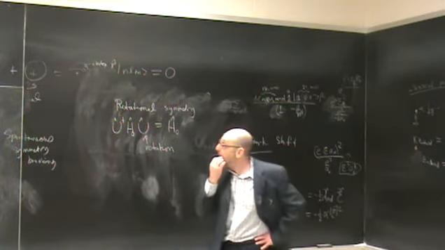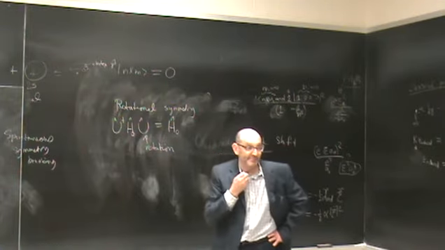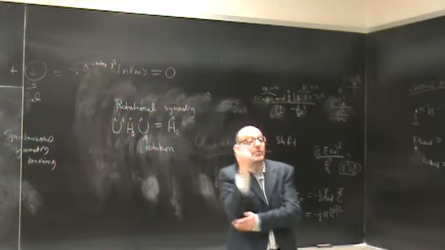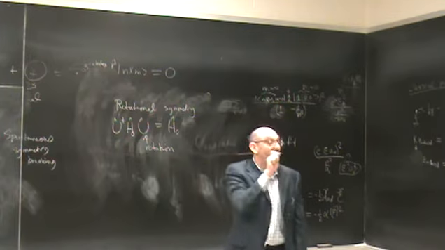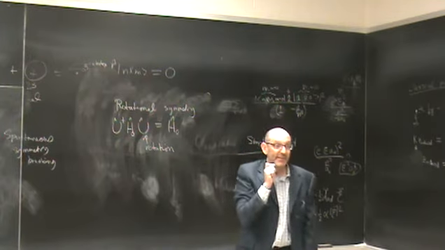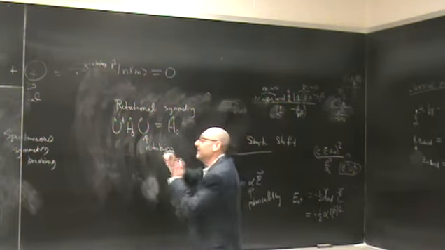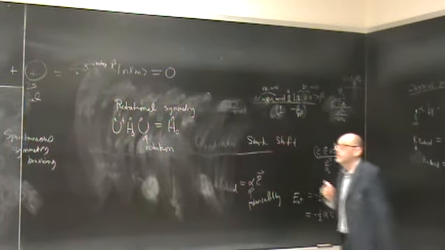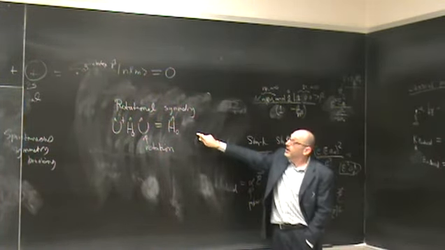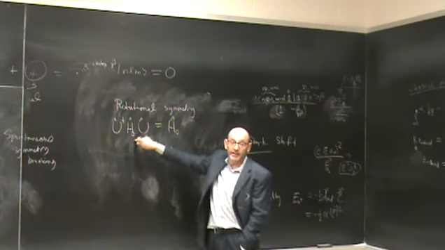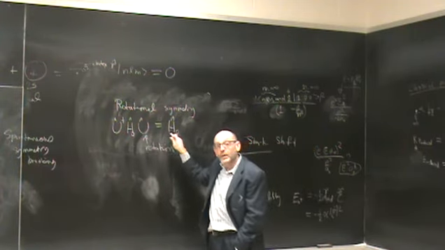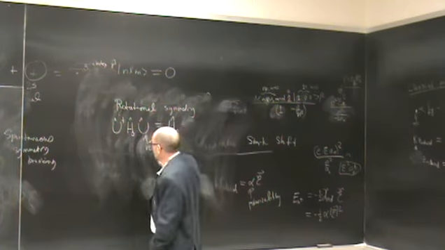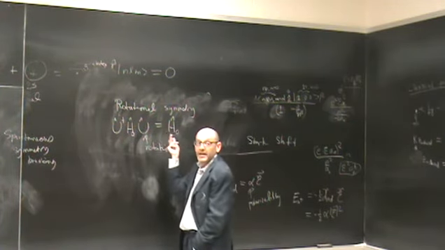Yeah? Is H1 also invariant? It is not. And that's actually a very important point. So let me take one point at a time, and come back to H1. Because H0 is rotationally invariant, we can always find eigenstates which are also eigenstates of rotation.